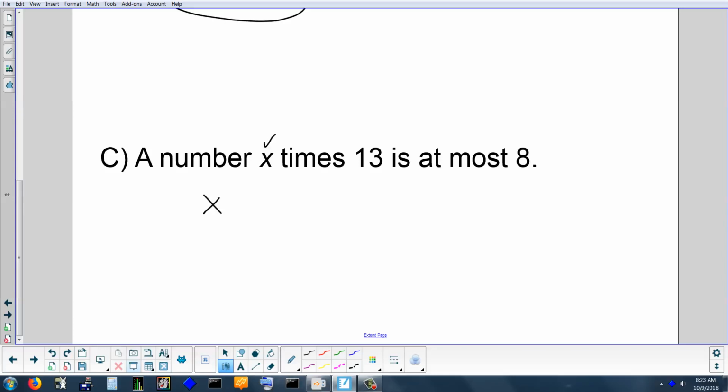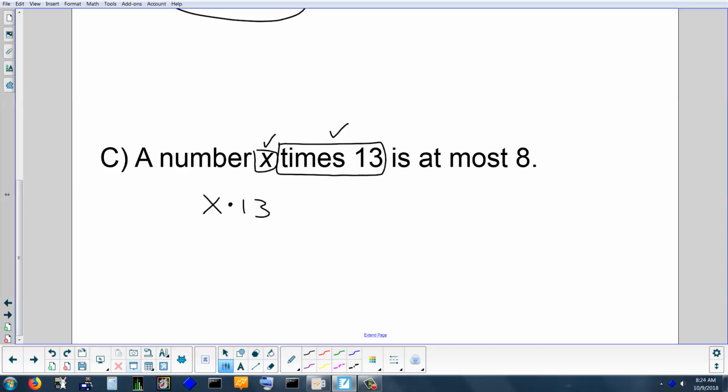It says x times 13. So what operation are we going to be doing with the x and the 13? Yeah, if we're writing it exactly in the order it reads, we can do it like that for now. X times 13. We did that.